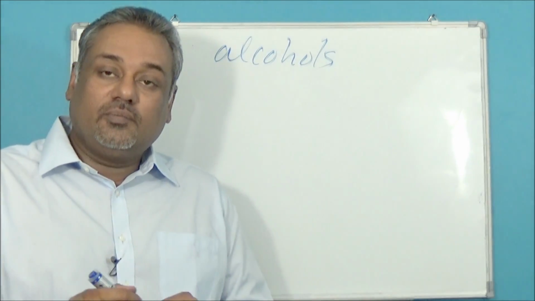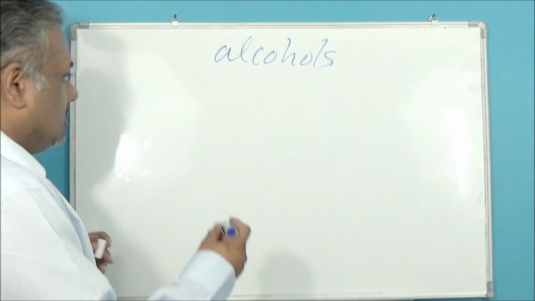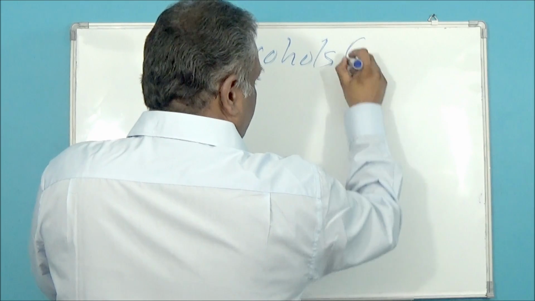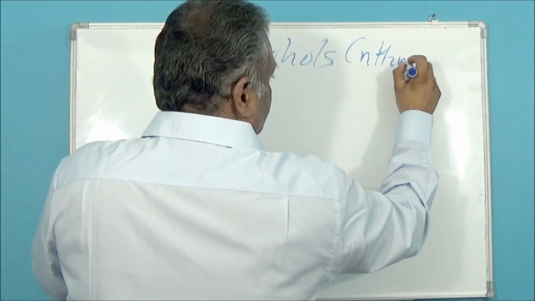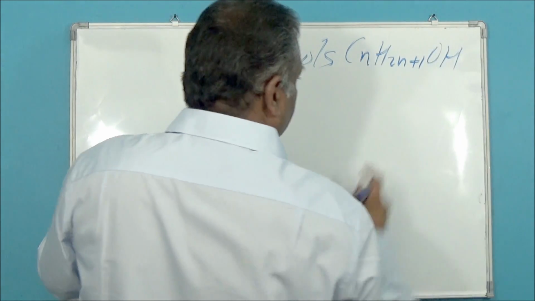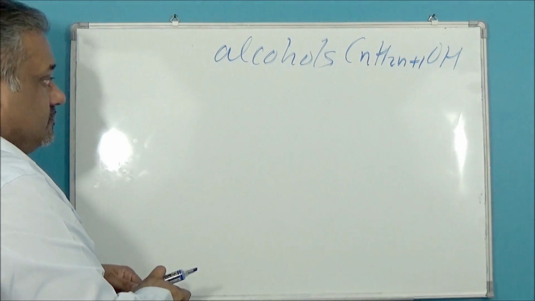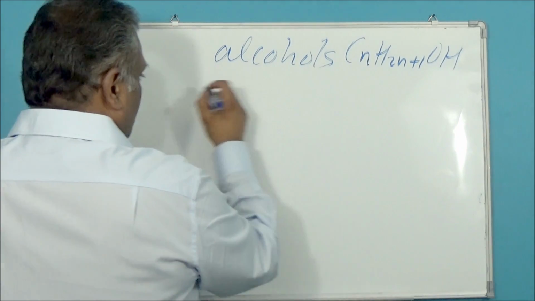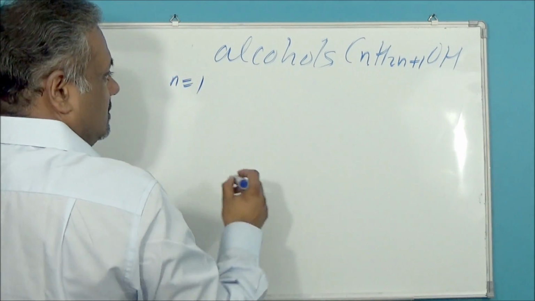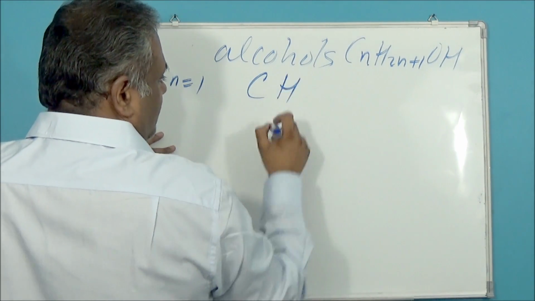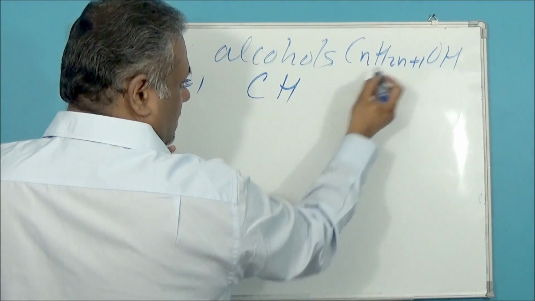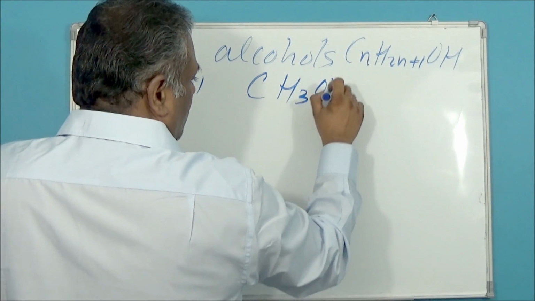Before we begin, let's have a look at the general formula of alcohols, CnH2n+1OH. That's basically what alcohols are. Some examples: for n equals 1, that would be CH3OH.